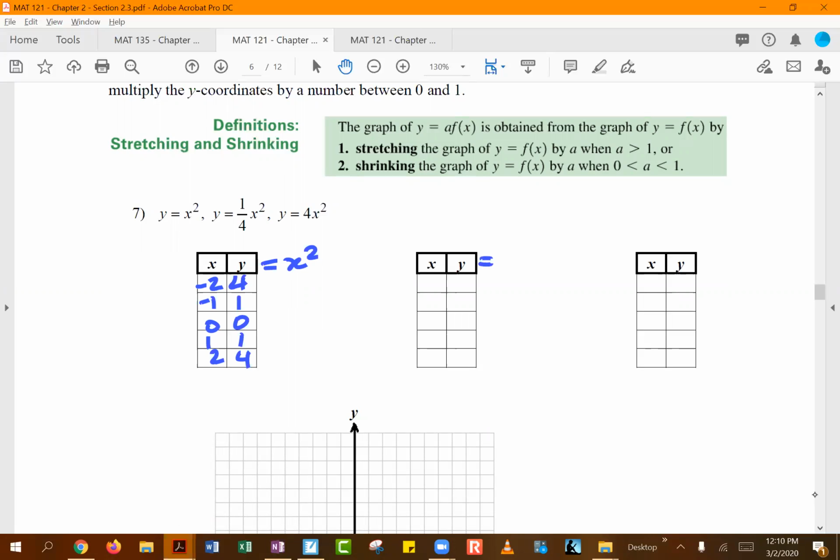For the second one, let's do 1/4 x squared. If you use the same x values, and the last one would be 4x squared, again keeping the same x value. So go ahead and calculate those last two tables and let me see what y values you're coming up with.